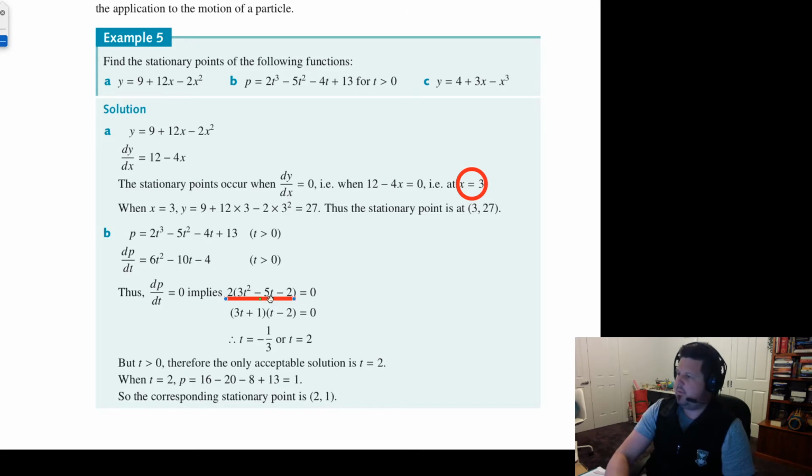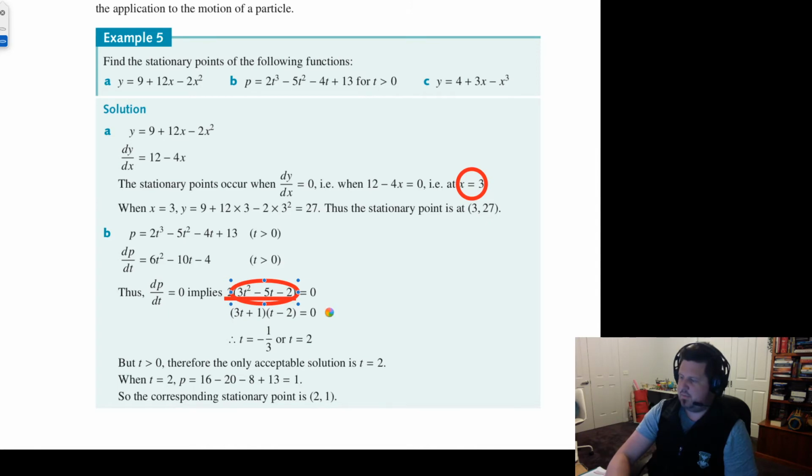From there, we are factorizing this. Again, you'll need to utilize your knowledge of quadratics to factorize 3t squared, take away 5t, take away 2. In this case, it factorizes to 3t plus 1 in the first set of brackets, and t take away 2 in the second set of brackets.